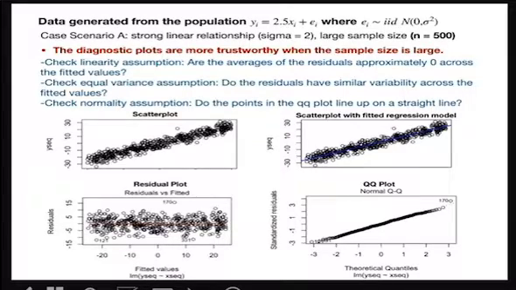Based on what is displayed, we want to investigate whether the linearity assumption holds.